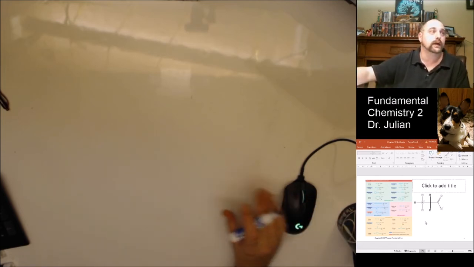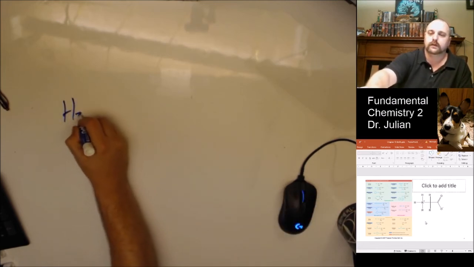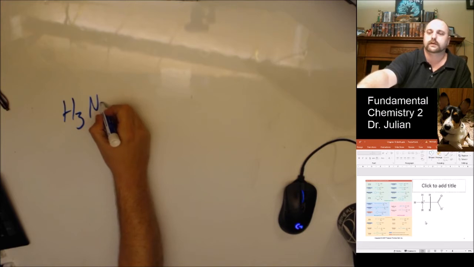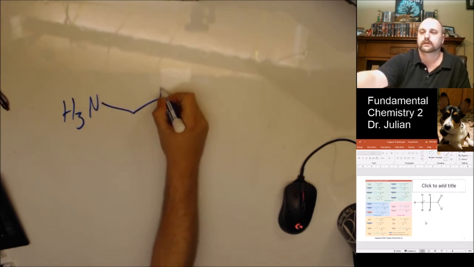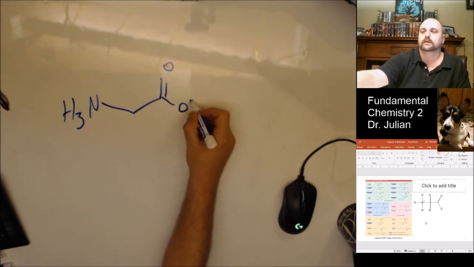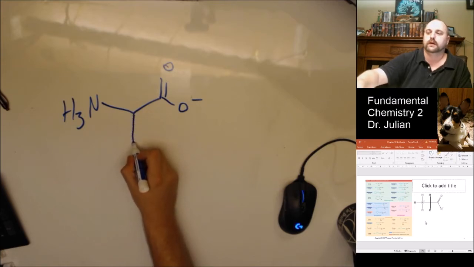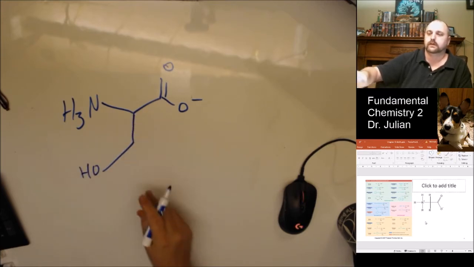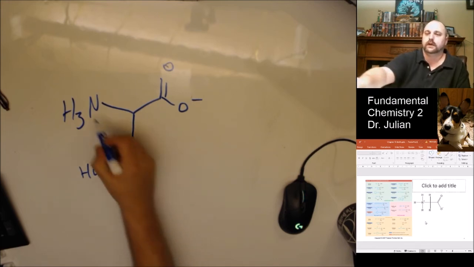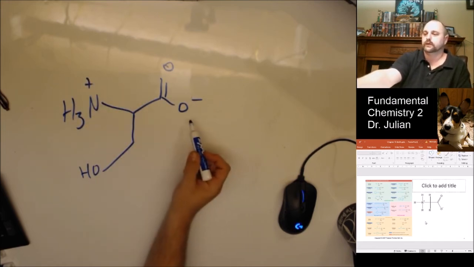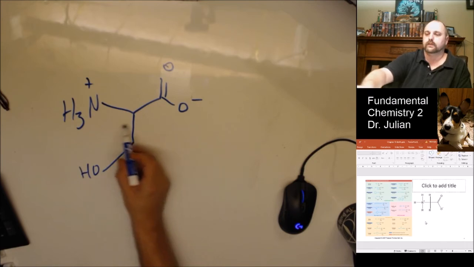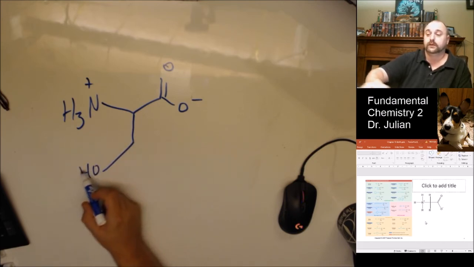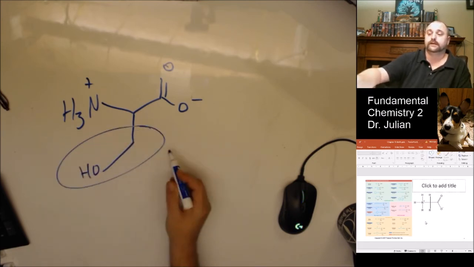When I see one of these drawn as a Zwitterion or not, and I look at this one, here's my Zwitterion. I'll ask you the name of this one. I'll even ask you to classify this one.